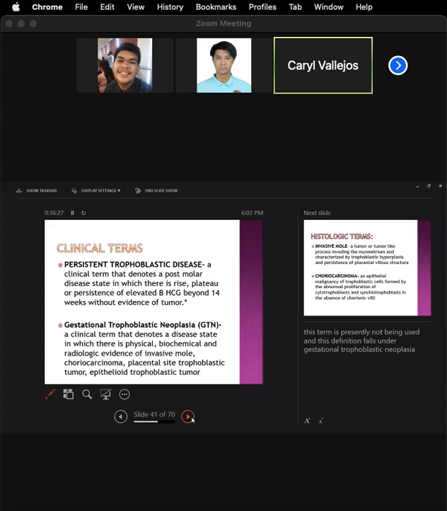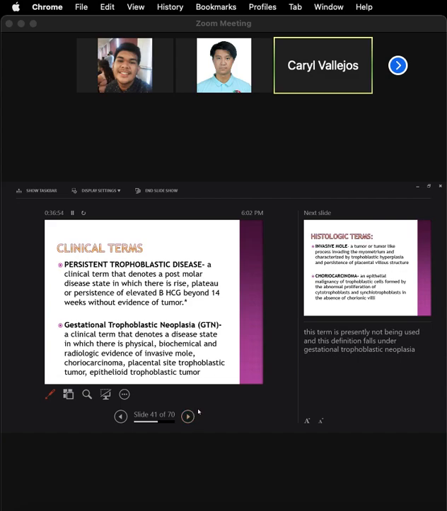However, now the term being used is gestational trophoblastic neoplasia, a clinical term that denotes a disease state in which there is physical, biochemical, and radiologic evidence of invasive mole, choriocarcinoma, placental site trophoblastic tumor, and epithelioid trophoblastic tumor.